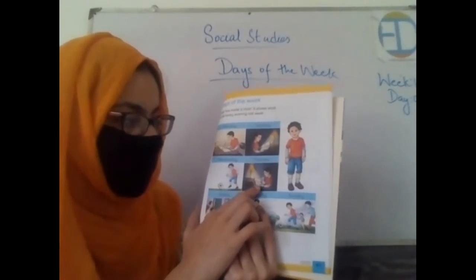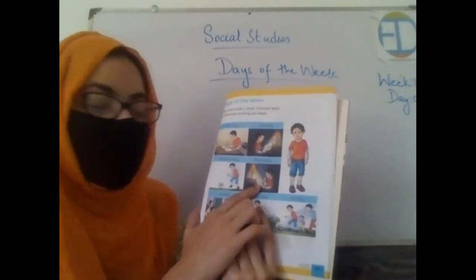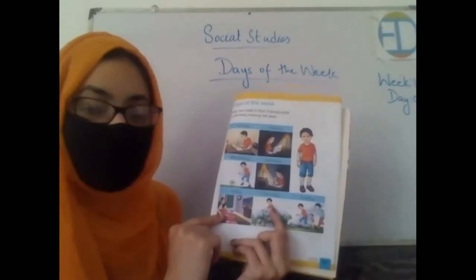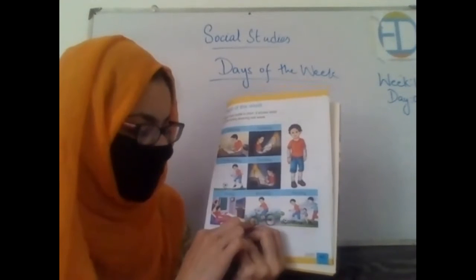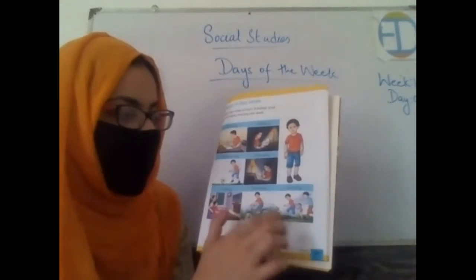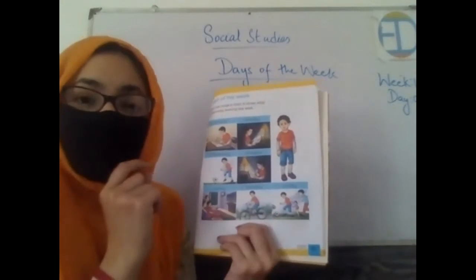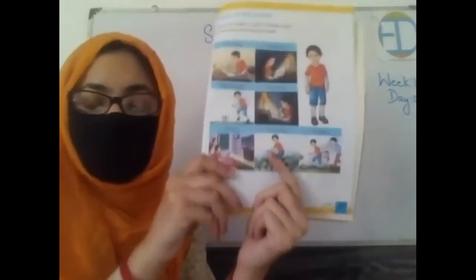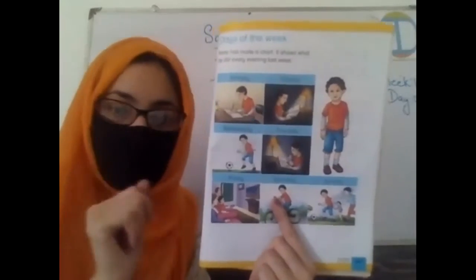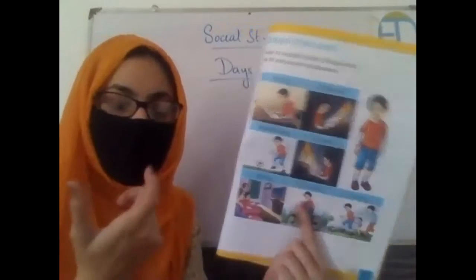On Thursday, he is again doing his homework. On Friday, he is watching television with his parents. Then on Saturday, he went for a ride on his bicycle, and on Sunday he is playing with his friends. Like this chart made by Peter, you are supposed to make a chart for yourself. This is the class activity that we will be doing today.